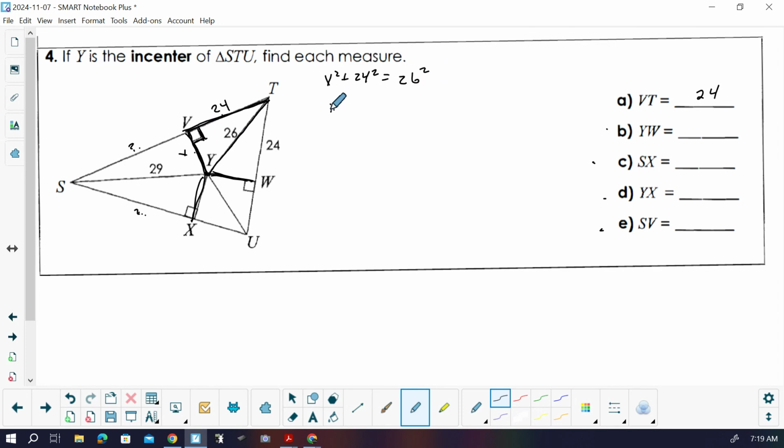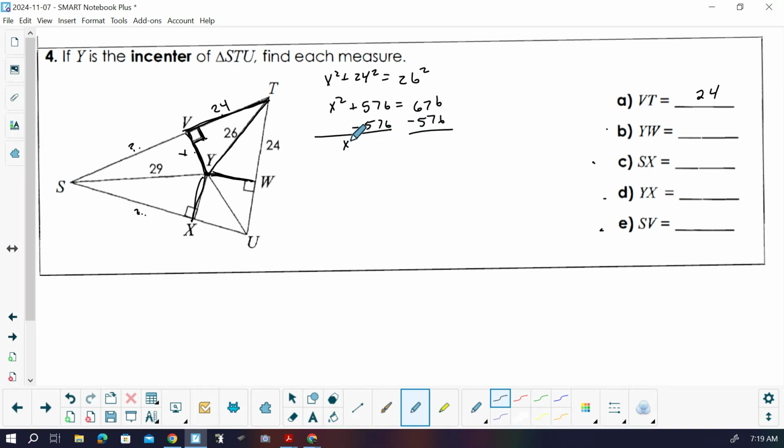So X squared plus 24 squared, 24 squared is 576, equals 26 squared, which is 676. And we're going to subtract 576 from both sides.